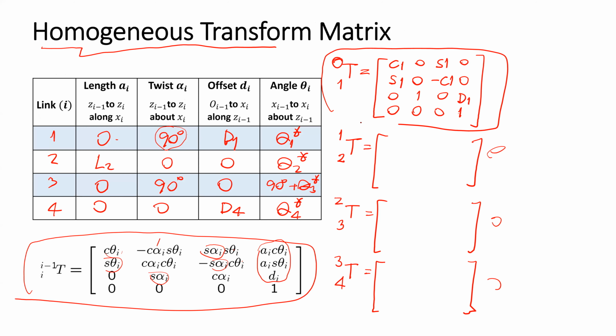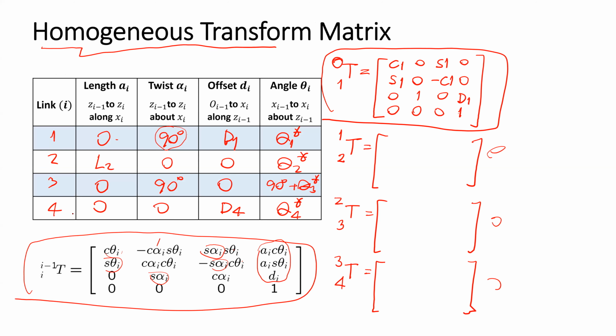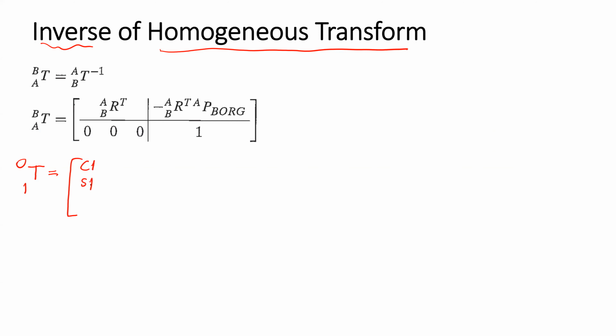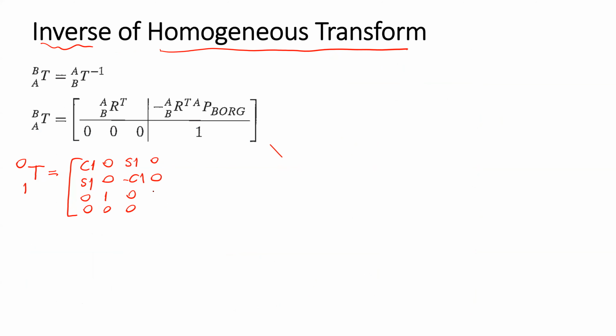T10 is equal to cosine theta 1, sine theta 1, 0, 0; 0, 0, 1, 0; and sine theta 1, minus cosine theta 1, 0, 0; 0, 0, D, 1.